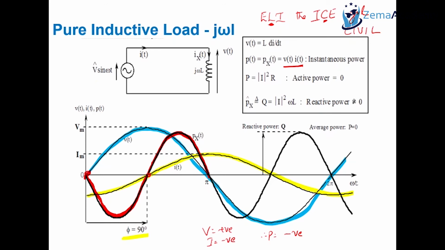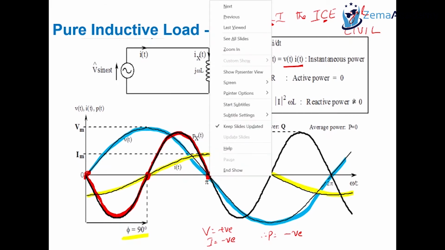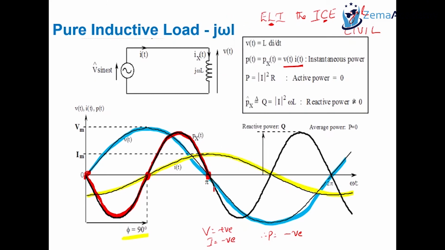So at this point, voltage is zero, current is something. At this point, there is a certain voltage, almost maximum, but the current is zero, so therefore power has to be zero. Again, at this point, voltage is zero, but there's a certain positive current, but the power has to be zero, and so on. So that continues for the rest of the cycle.